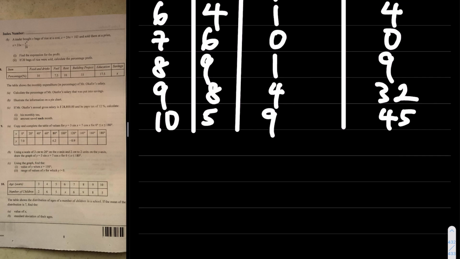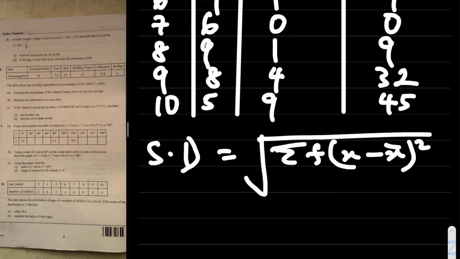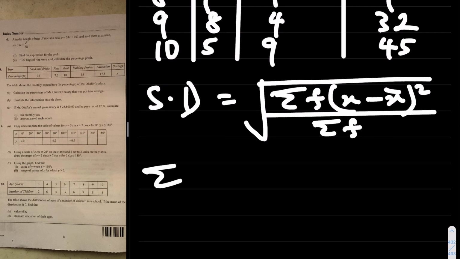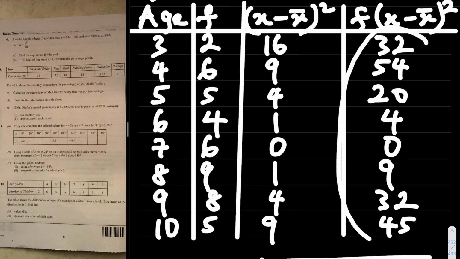So standard deviation SD is given by the formula square root of summation f multiplied by the square of x minus mean, all over summation f. Now what is summation f times square of x minus mean? That's going to be equal to the sum of all of the entries on this column.